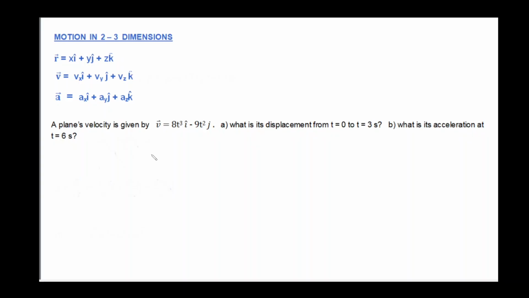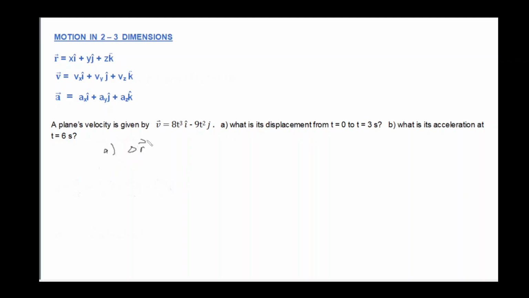Let's do another problem. A plane's velocity is given by v equals 8t cubed i minus 9t squared j. What is its displacement from 0 to 3 seconds? What is its acceleration at t equals 6 seconds? So for part A, we're looking for its displacement, or delta r.